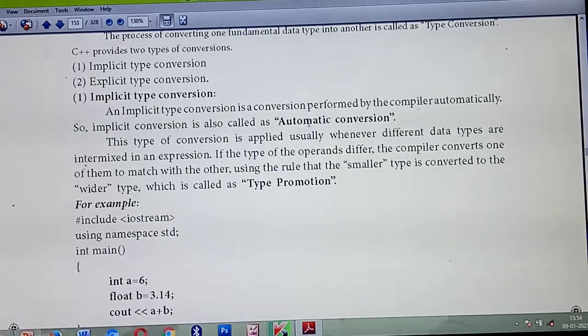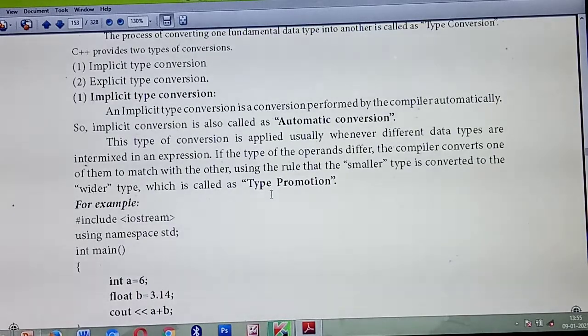But what's the condition? The compiler will always convert a smaller data type to a wider data type, that is, smaller data type to greater data type. Based on the rule, the compiler will convert smaller data type to wider data type. That we are calling which one? Type promotion. What do you mean by type promotion?